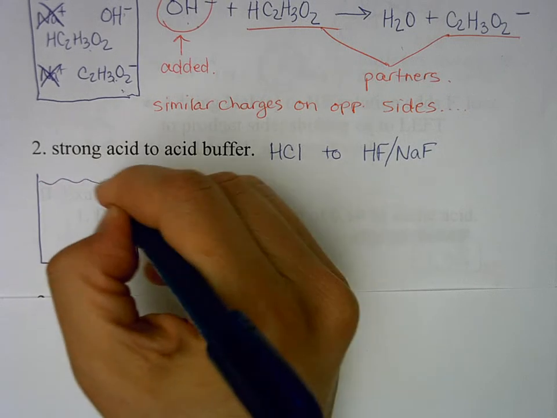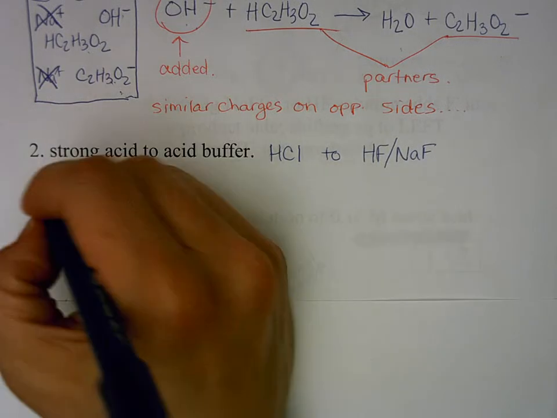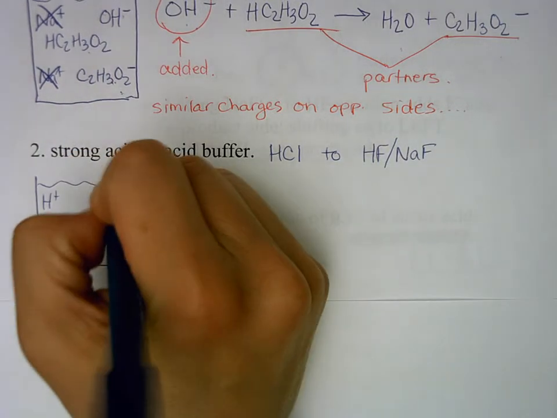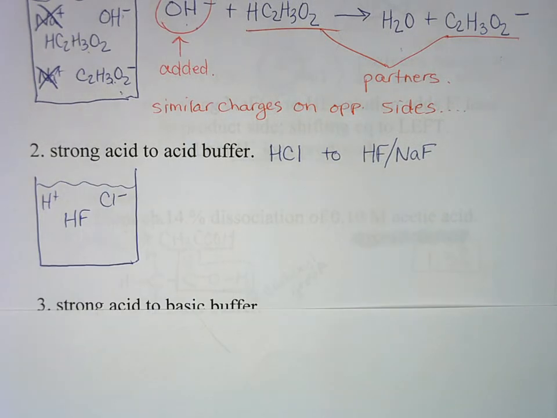Draw your beaker. And let's think about what happens in the beaker. Hydrochloric acid ionizes, strong acid. HF stays together. Sodium fluoride ionizes.